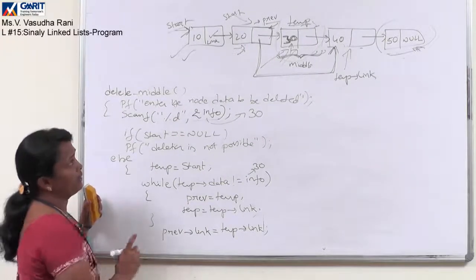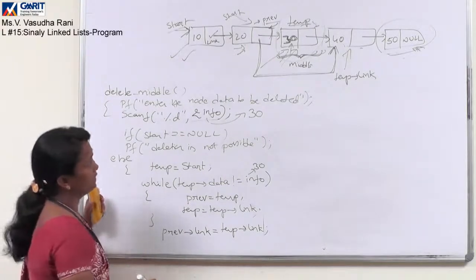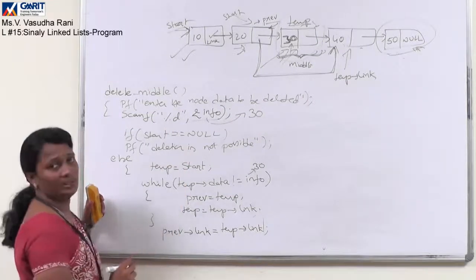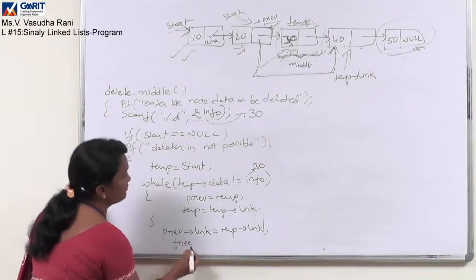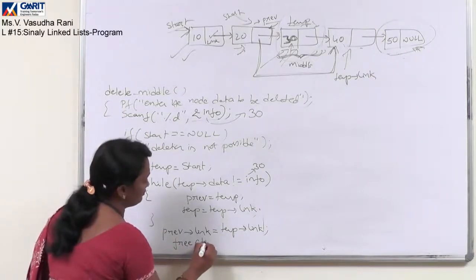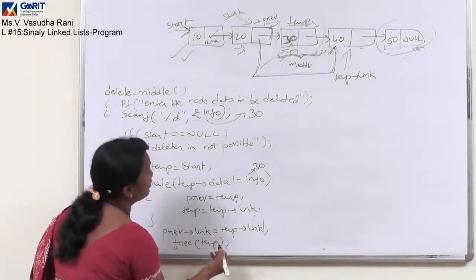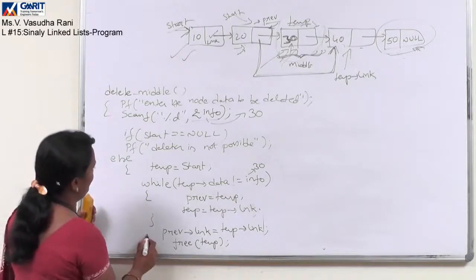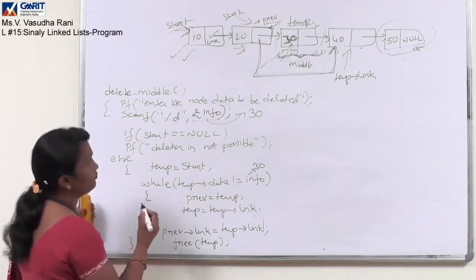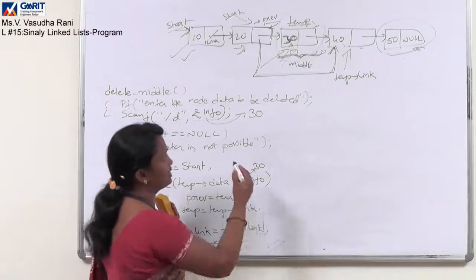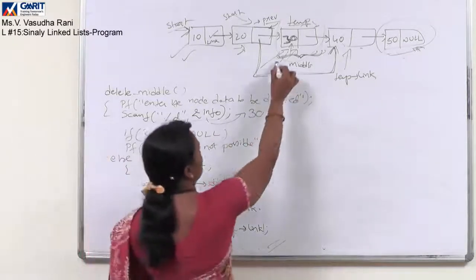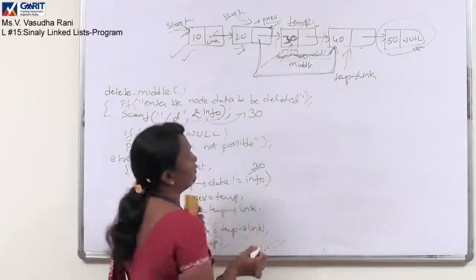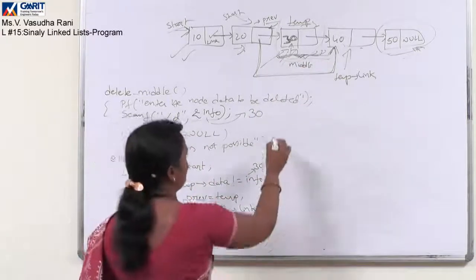It's the single statement. It can be connected. Now we have to make the temp node free. So using our free function, free of temp. So using this code, we can do the deletion of a node in the middle.